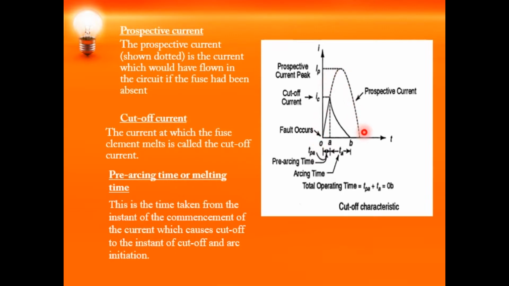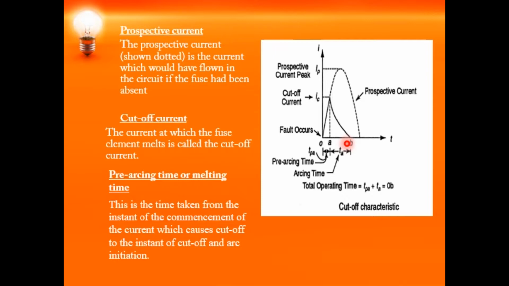Prospective current is measured in terms of the RMS value of the AC component of the fault current in the first major loop. This is the first major loop of the fault current, whereas the cutoff current is usually measured as an instantaneous value.